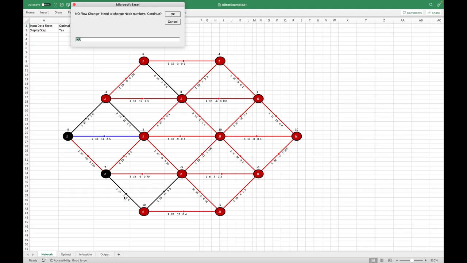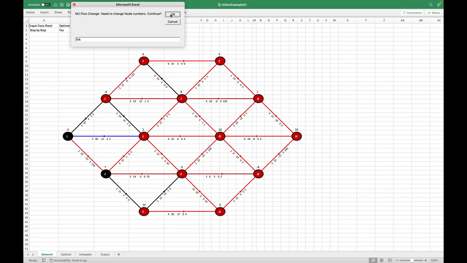So here we're going to change the flow. We're going to change this number, the arcs. We're going to subtract 3 from the unlabeled nodes. So this becomes 4, and this becomes minus 8. And the labeled node will remain the same.